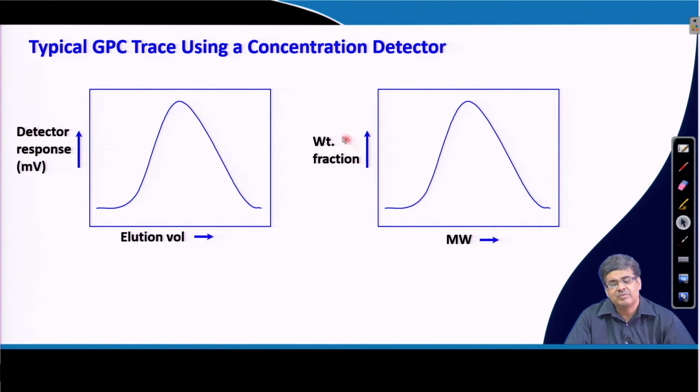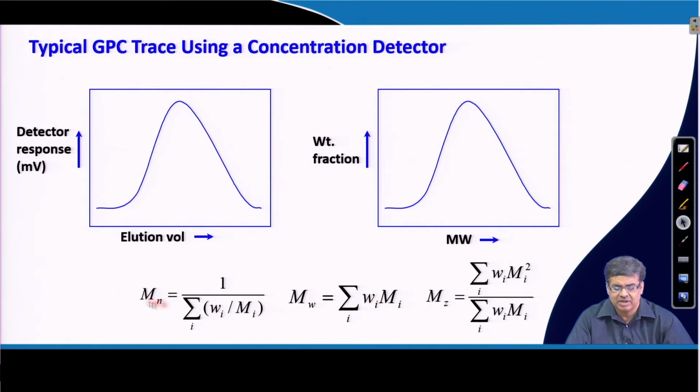We will prefer weight fraction because, as I discussed in the beginning lecture, with weight fraction distribution it is easy to calculate the different molecular weight averages. For example, Mn can be obtained by this expression, Mw from this expression, Mz from this expression, which we have discussed earlier.